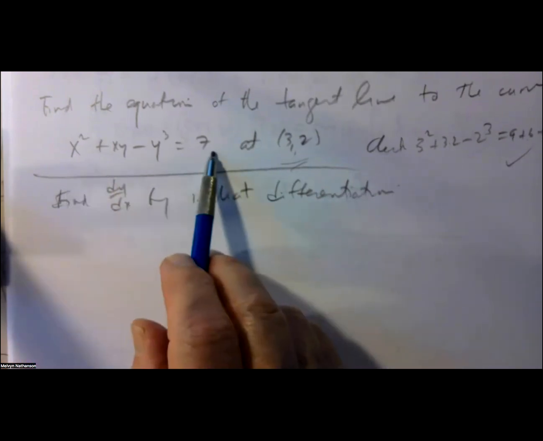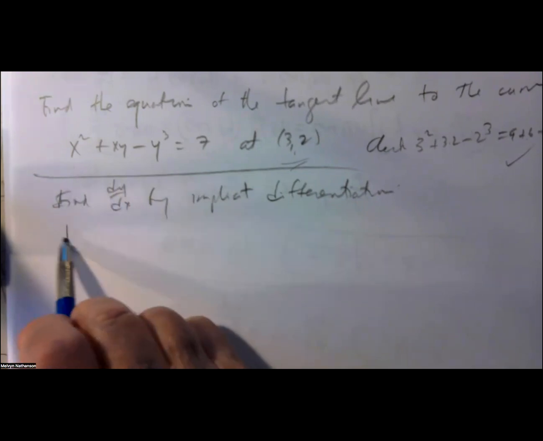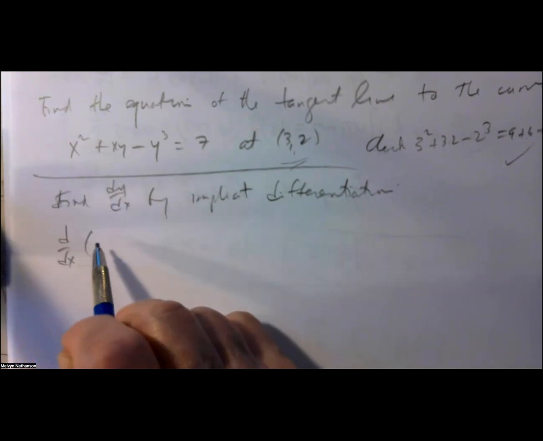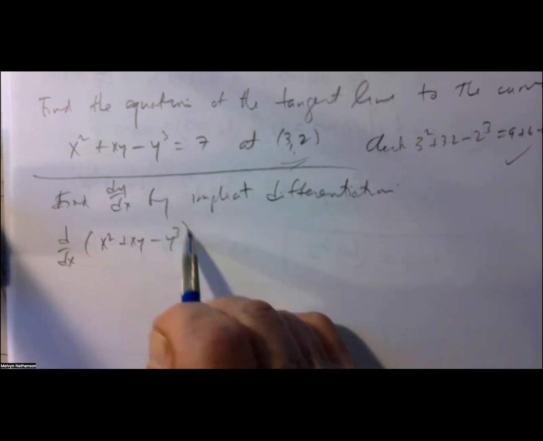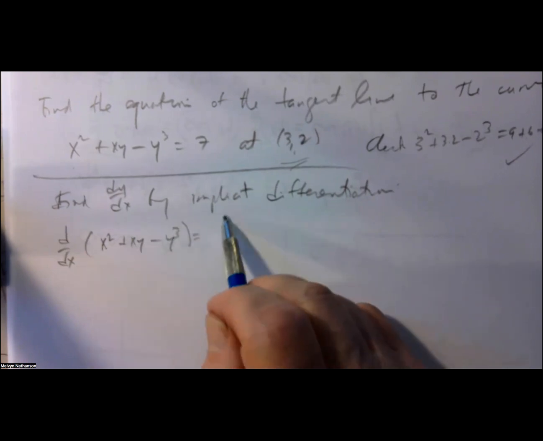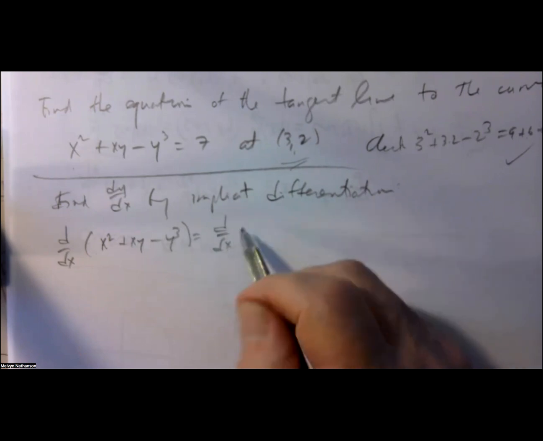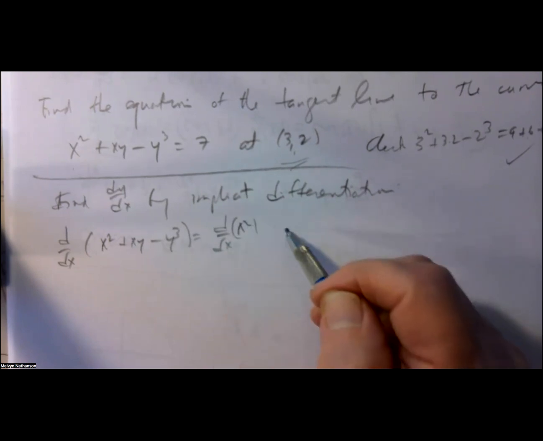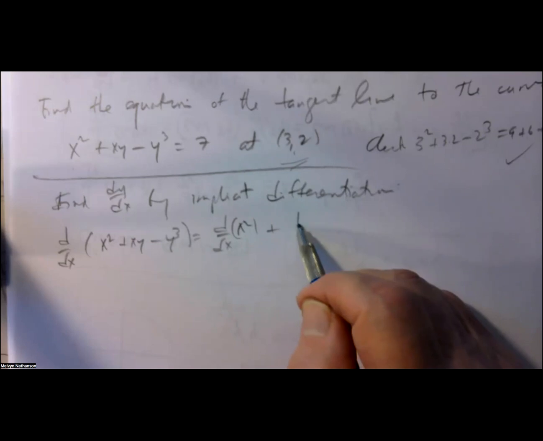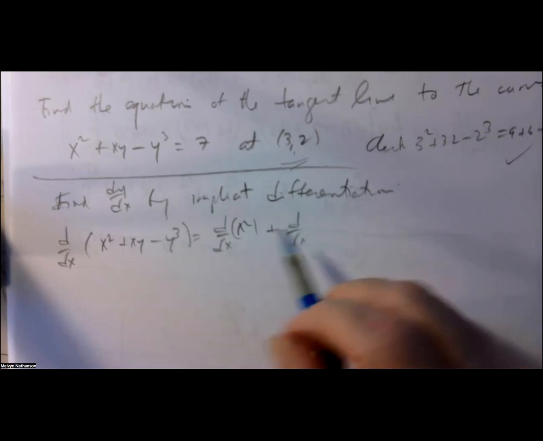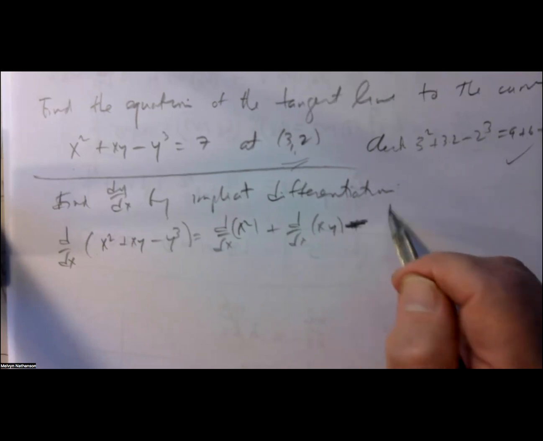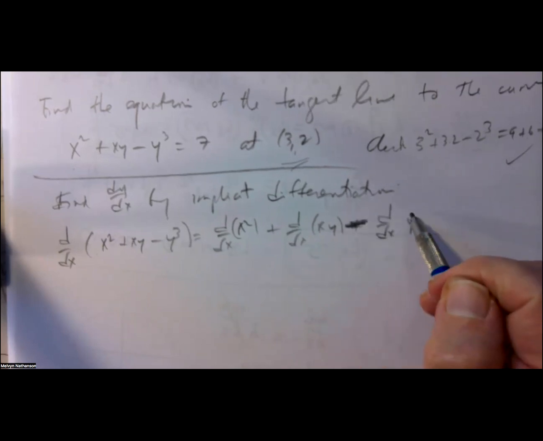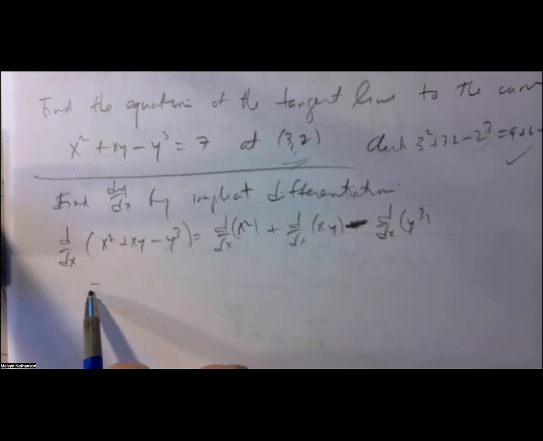So if I differentiate with respect to x, the derivative with respect to x of x squared plus xy minus y cubed, that's the derivative. I'm going to do this in several steps, but you don't have to do this with all these steps if you can do it with fewer. It's the derivative of x squared plus the derivative of xy minus the derivative of y cubed.